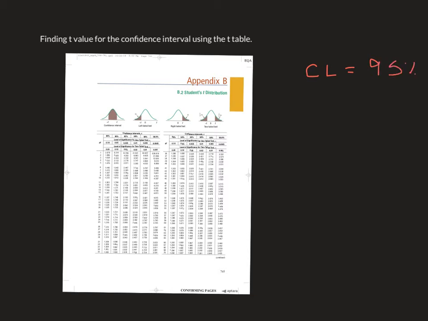And here, remember, we need to have the number of observations since this is a sample. Let's say we have 30 observations, and based on that, the degrees of freedom is equal to n minus 1, or 29. Okay, so our coordinates for our t-value are 95% confidence level, degrees of freedom 29.